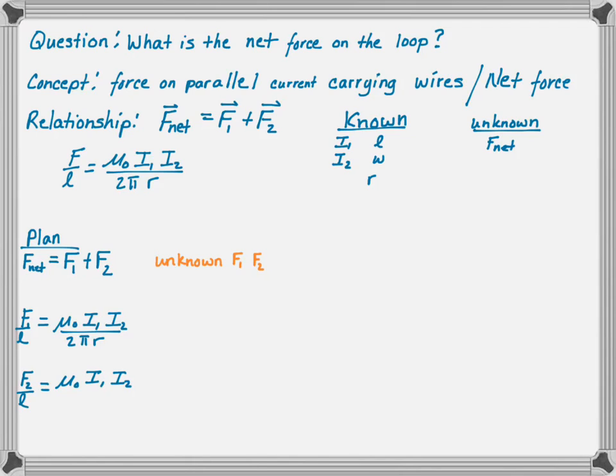So F1 divided by L is equal to mu naught I1 I2 divided by 2 pi r.